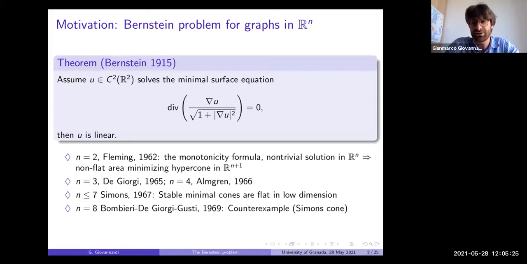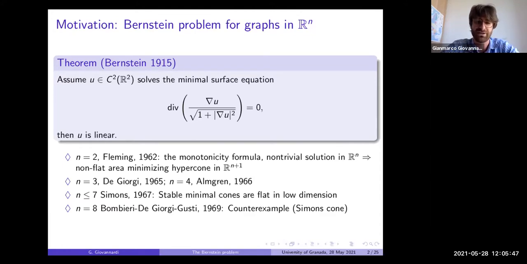But you have to solve the mean curvature equation, so the sum of the two curvatures has to be equal to 0. So if one curvature is equal to 0, also the other curvature has to be equal to 0. And so in this way, you can show that if you have a cone, this cone is flat. And so you can solve in this way the Bernstein problem.